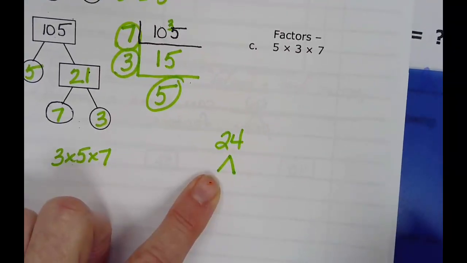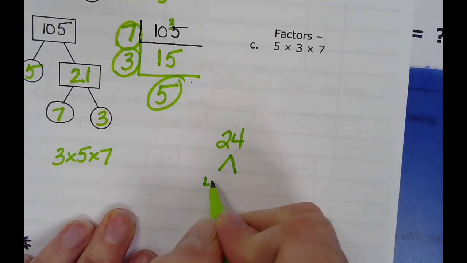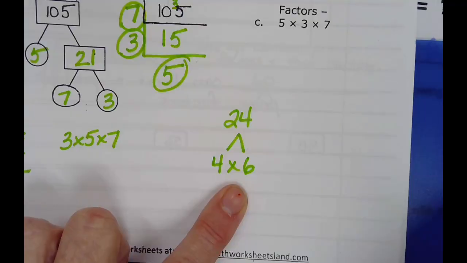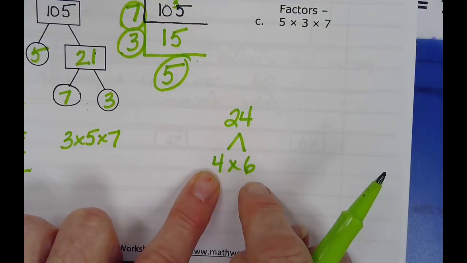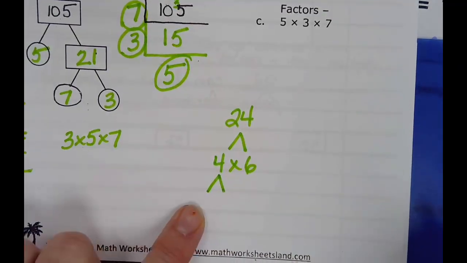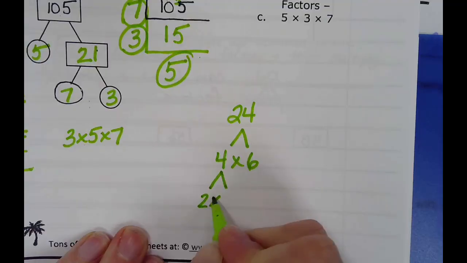Now, if you can't think of a prime number to get started, for example, 24, I can break that into 2 composite numbers. 4 times 6. Are 4 or 6 prime? So I cannot circle them. If they're not prime, I have to break them down. What can I break 4 into? 2 times 2.